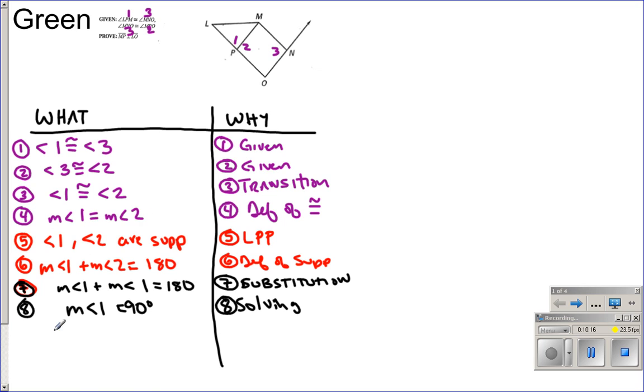And that's transitive substitution. I'm going to go with transitive just because of the way I said it. Angle 1 is the same as 90. Angle 1 is the same as angle 2. Therefore, angle 2 is the same as 90. Well, if 1 and 2 are both 90, then I know angle 1 and angle 2 are right angles.